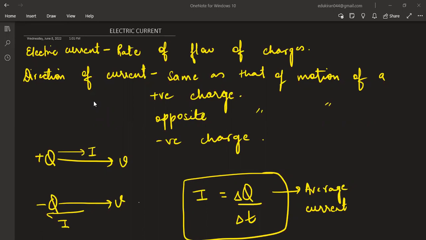That's why it is a scalar quantity only. So there's no need to use the parallelogram law for addition of current. No, directly add for positive, subtract for negative. The rest of the laws you people are aware of.